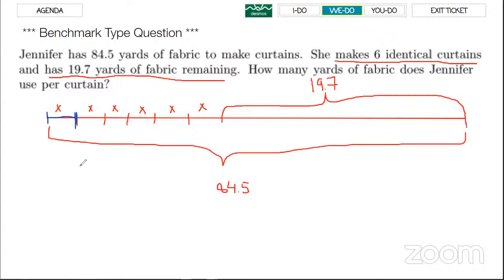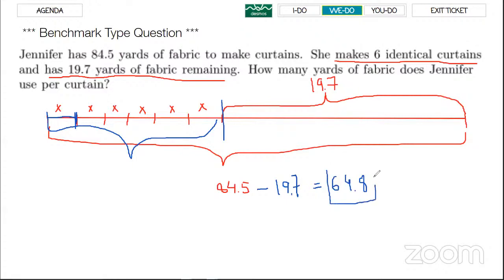Wow, somebody got it. And 2 students got it. Yes. So I think this is how you did it. Let me explain to other students. If you subtract this part, 19.7, we know the length of all these x's, right? So let's do minus 19.7, and I'm going to copy and paste your answers. It says 64.8, because I don't have a calculator right now. So 64.8 is the length of all those x's.